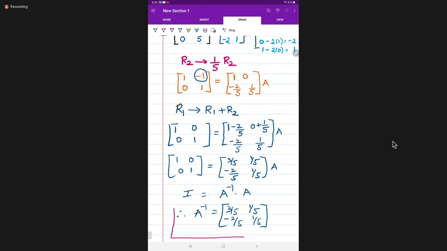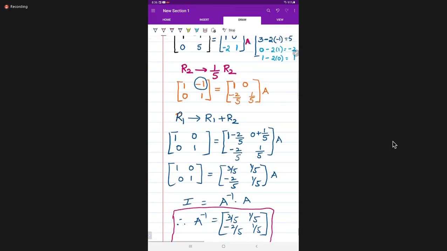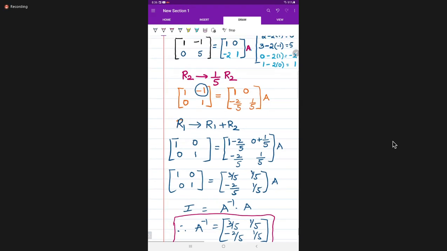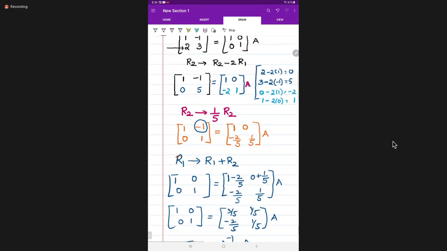Ma'am, this orange color step, you did addition. Yeah. Students, here that minus 1, make it as 0 with the help of the lower element. Minus 1 is there; if you add plus 1, then only you can get 0, right?